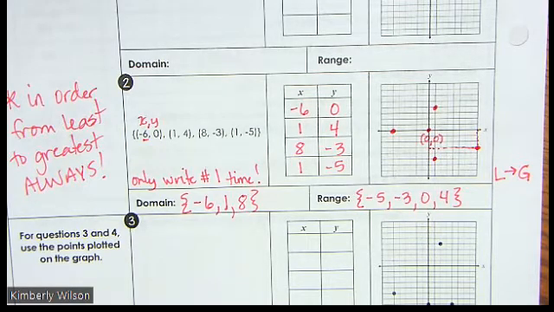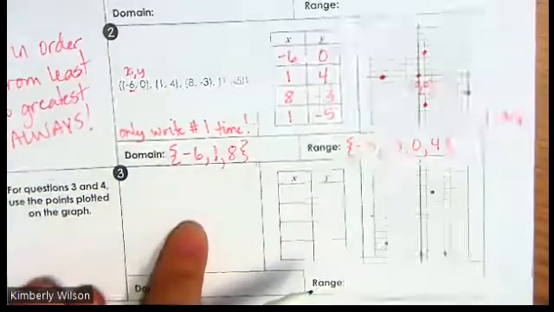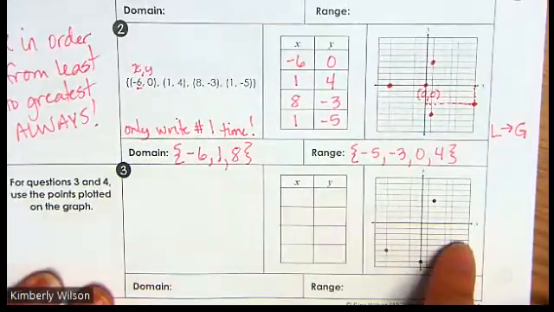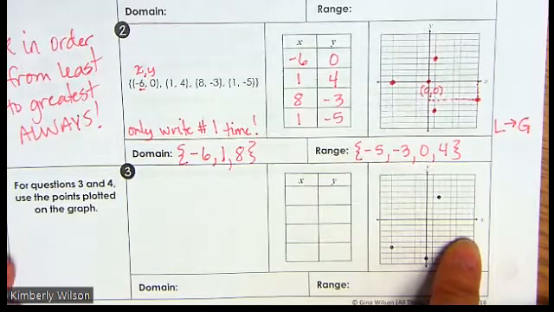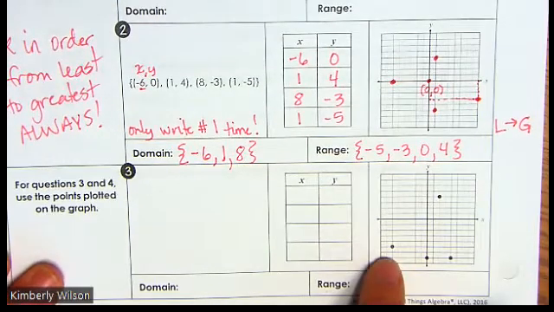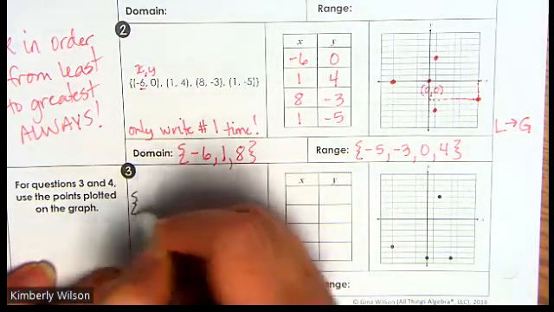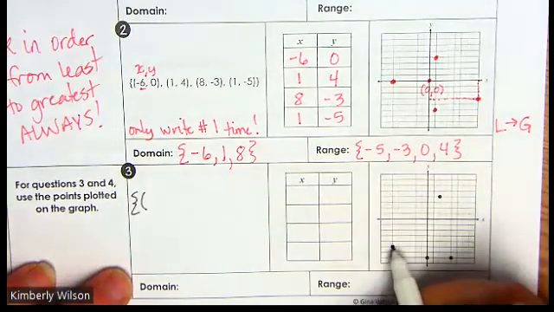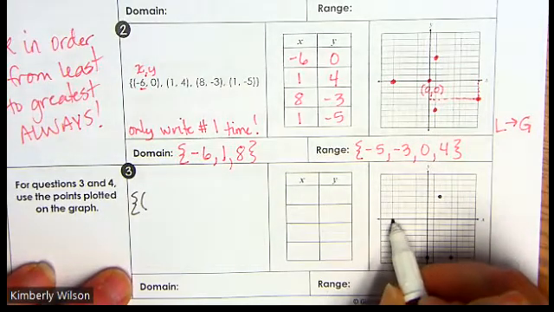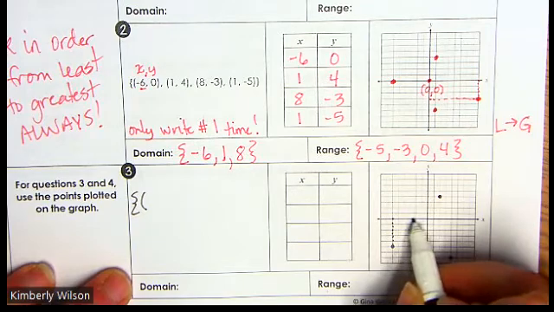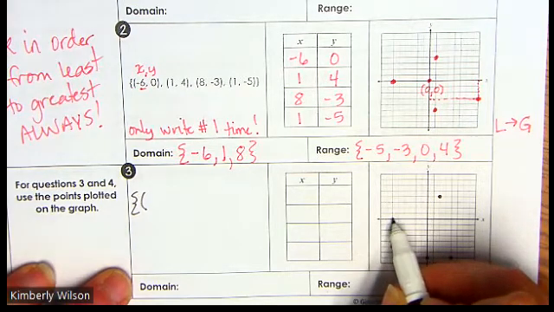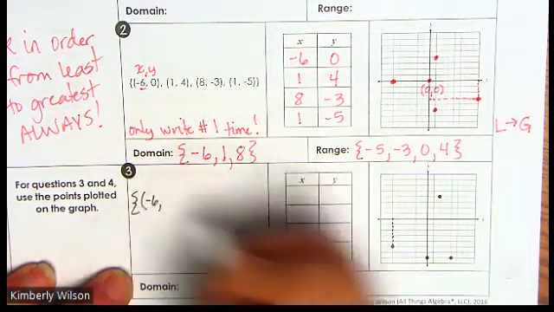All right, looking at number 3. This is where instead of being given the set of ordered pairs, we're given the graph. So I have to come up with my set of numbers. I always read from left to right, so I'm going to start with this point right here. I write my set builder notation, open parentheses, and I'm looking at it, it's at 2, 4, 6, -6 on the X. So that's a -6.